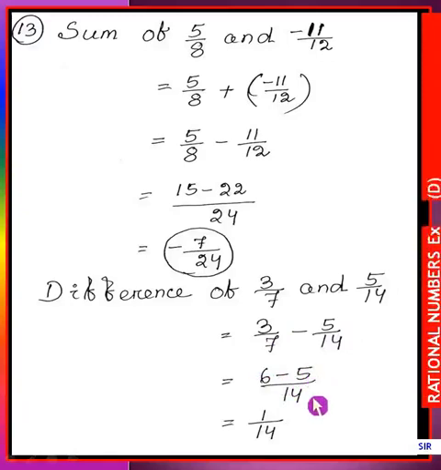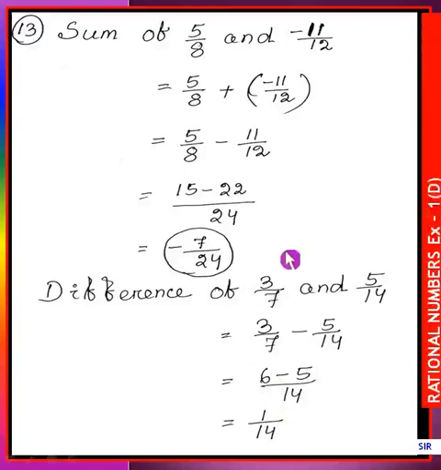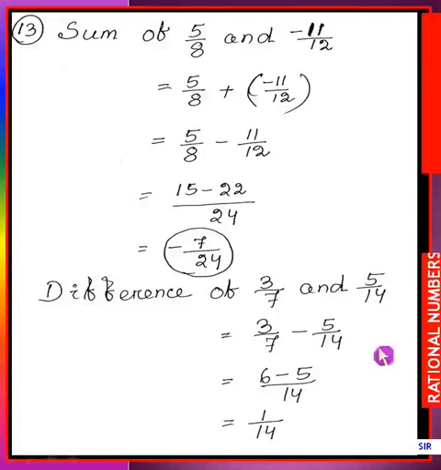That means 6 minus 5 divided by 14 equal to 1 by 14. Children, the question says divide the sum of 5 by 8 and minus 11 by 12 by the difference of 3 by 7 and 5 by 14.